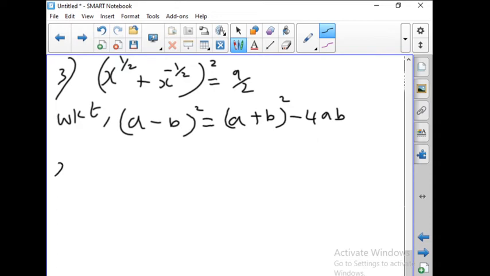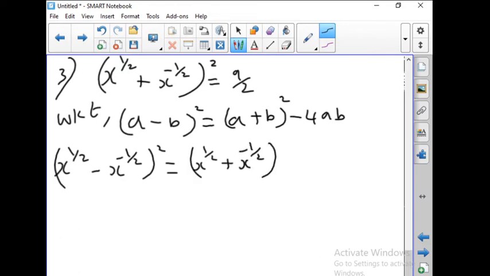So what is x power 1 by 2 minus x power minus 1 by 2, the whole square? It is x power 1 by 2 plus x power minus 1 by 2, the whole square, minus 4. Is it clear to all of you?